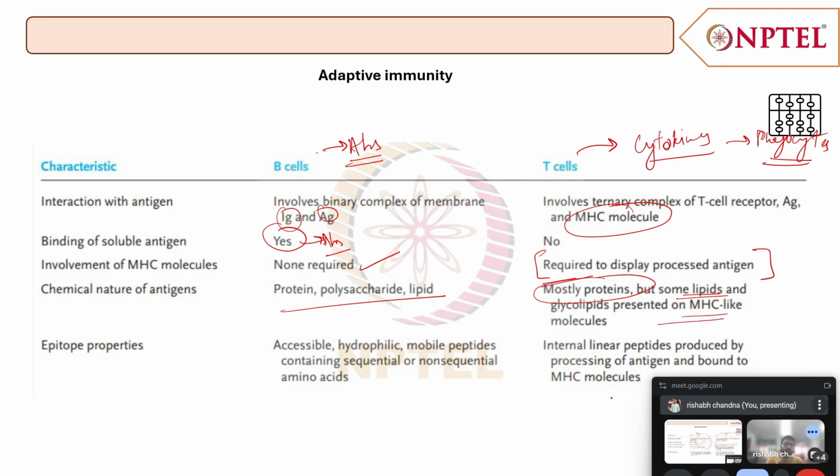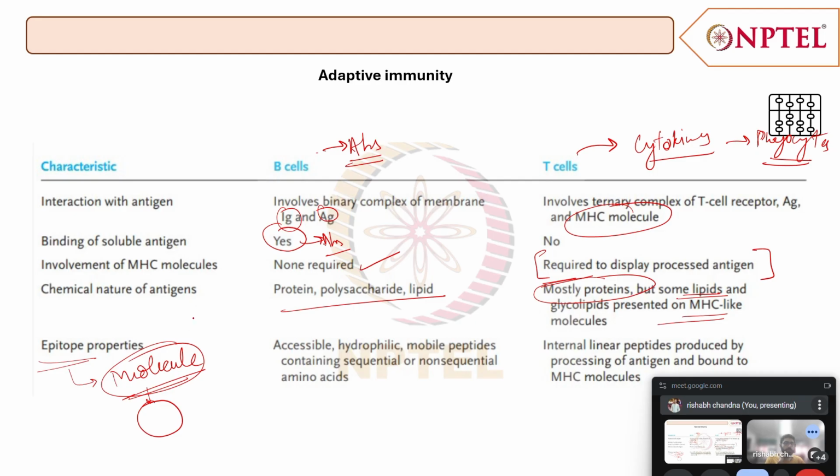Now the epitope property. An epitope means any molecule present on the surface that is bound by the antibody. There can be multiple epitopes present on the surface that can be bound by a particular antibody.